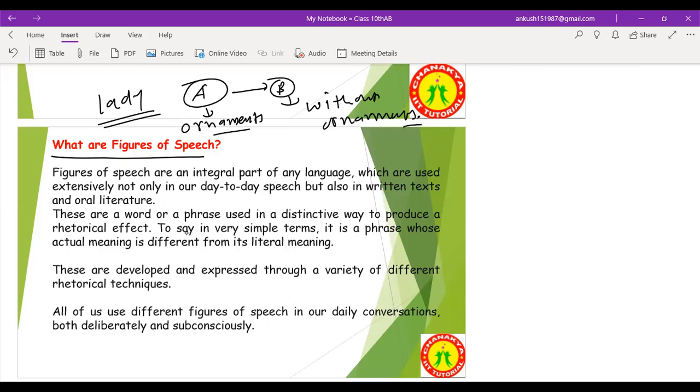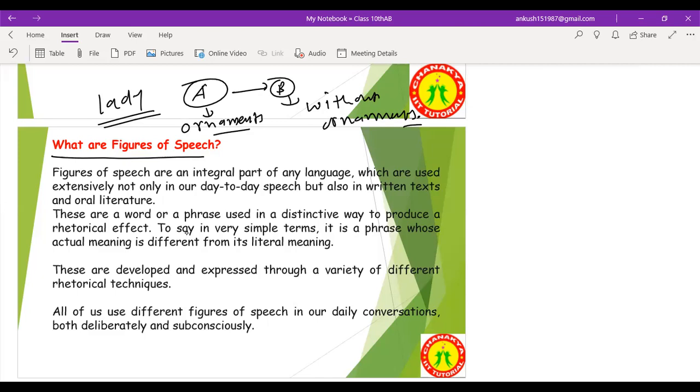Same thing happens with the language as well. Figures of speech are considered as the ornament of the language. Any language. See, in almost all the languages, there are figures of speech. Those figures of speech are very, very important to leave an impact upon the writing, whether it is prose or poem.